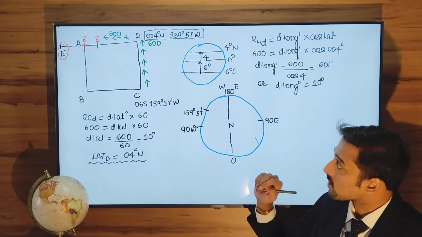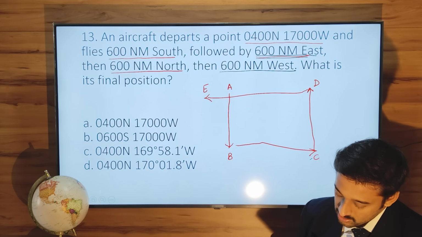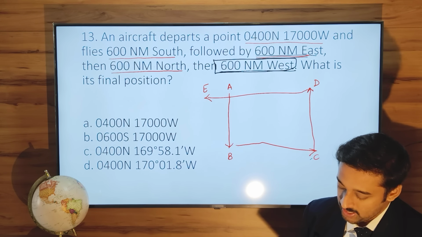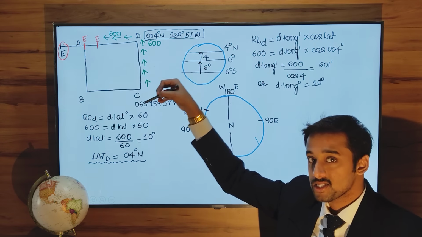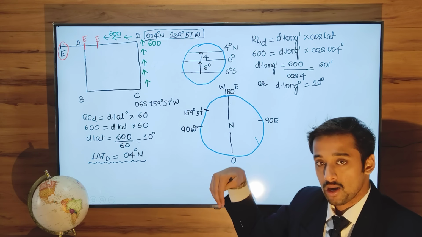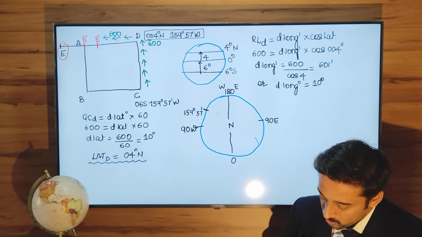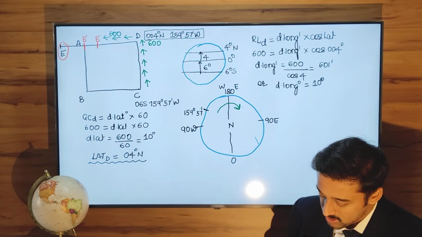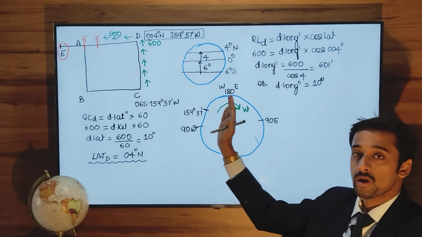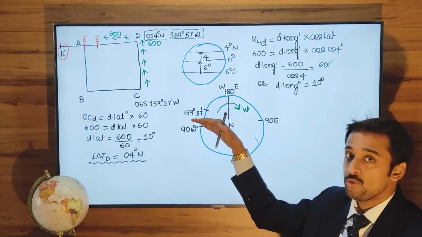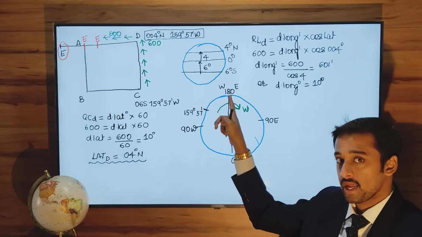Next, our d long. They say we are going to fly 600 nautical miles in a westerly direction. As you can see, that direction will be westerly. This is easterly, north, and south. Westerly directions are always clockwise directions. So when you go clockwise, or to the right hand side, your longitudinal value will go on increasing: 159, 160, 170, 180.